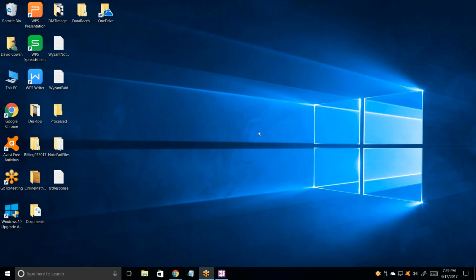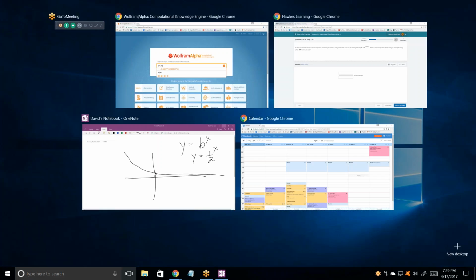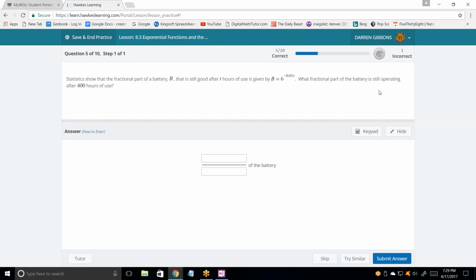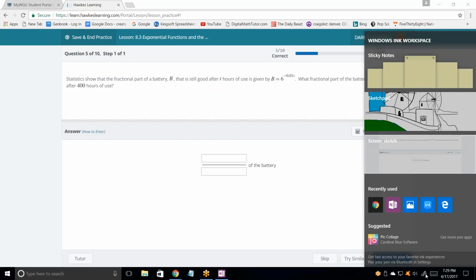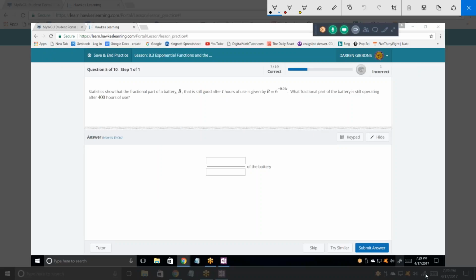In other words, it's really 1 over 6 to the 4th power. That's what it really is. Okay, so B is 1 over 6 to the 4th power, and that's the fractional part that's still operating.